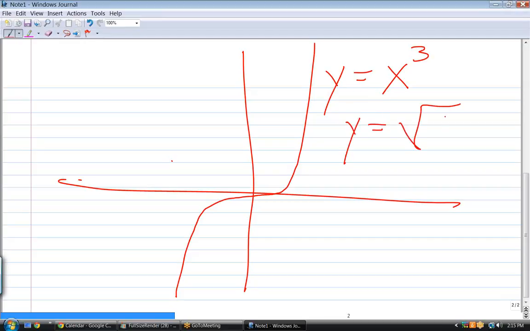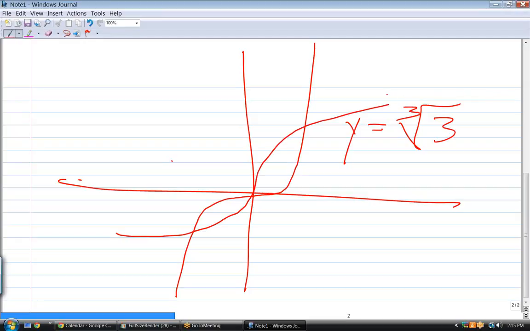This is what they are calling the elementary function. Well, when you take the inverse of something, it reflects it over the line y equal x. So it ends up looking like that. So that's y equal cube root of x.